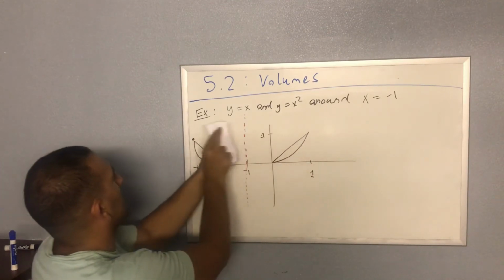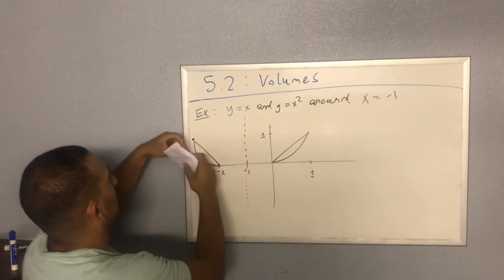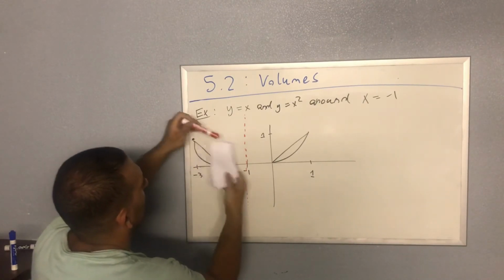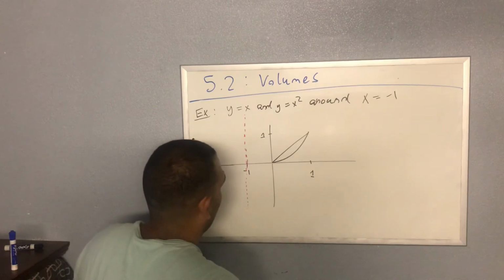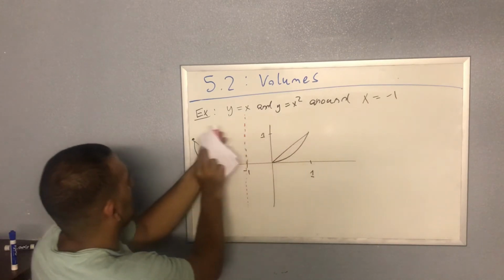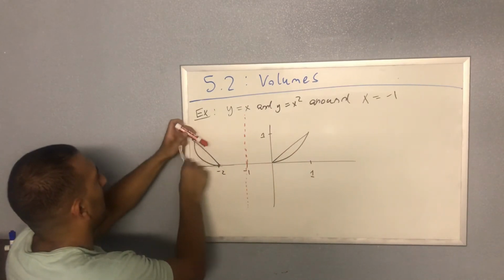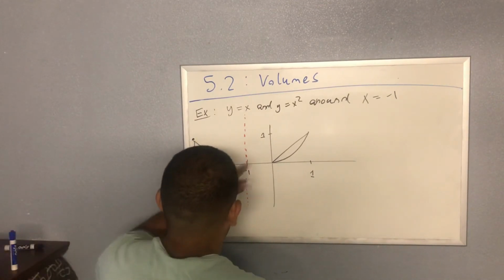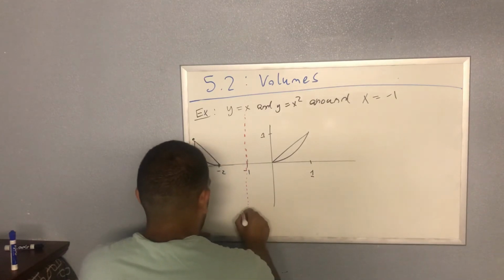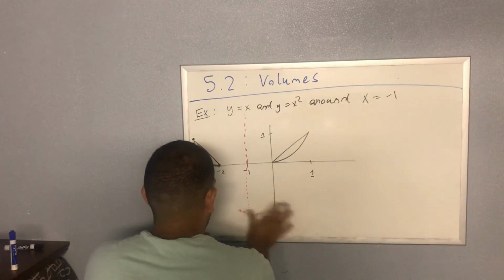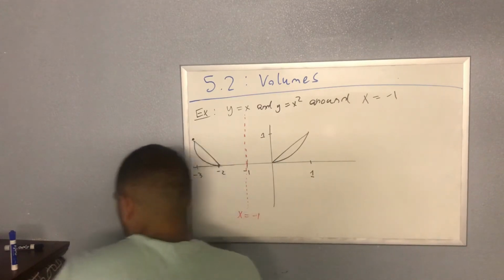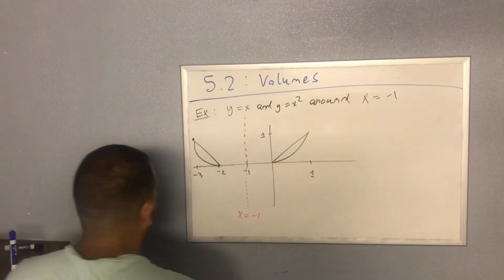So if you flip this around the x-axis, you'll get the same thing. So the curvy thing will stay on the bottom of the line. Okay, sweet. Sorry, did I say the x-axis? I meant the line x equals -1. Okay. So this is what we have.